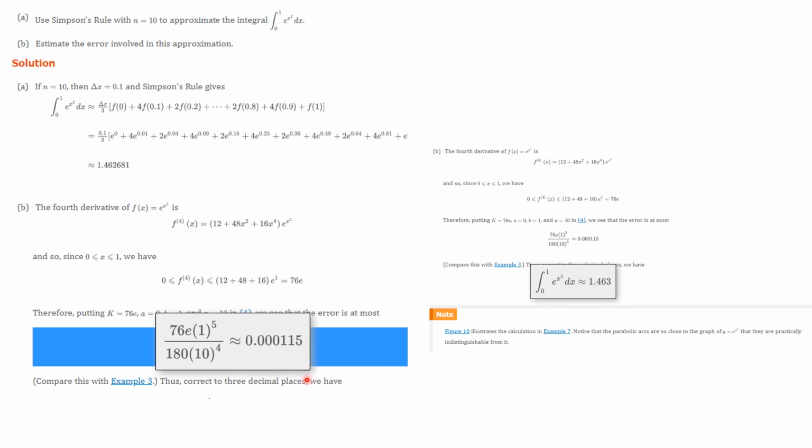Actually, this is the value of the integral, excuse me. The value of the integral by Simpson's rule was 1.46 and change. That's this one over here. And this is the error statement.